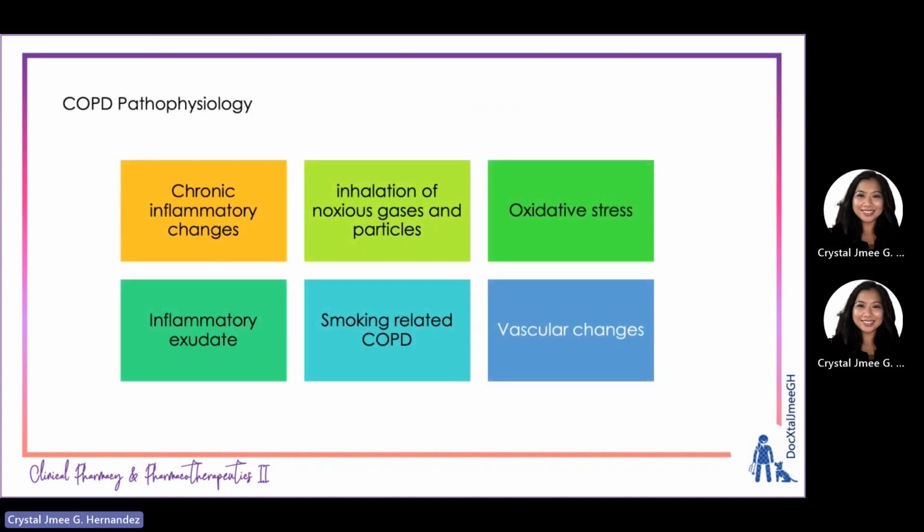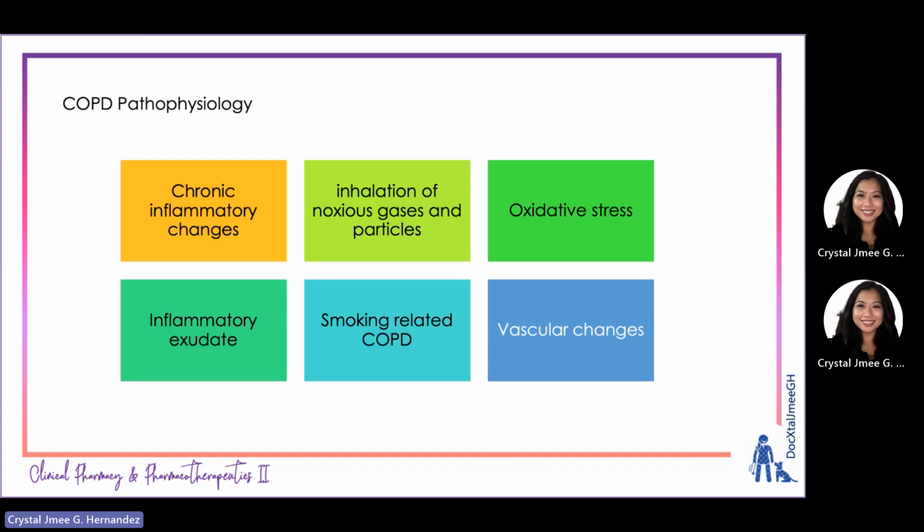I've mentioned in the previous slide several factors we consider in COPD pathophysiology: chronic inflammatory changes, inhalation of noxious gases and particles, oxidative stress, inflammatory exudate, smoking-related COPD, and vascular changes. This discussion will be provided in a separate recording.